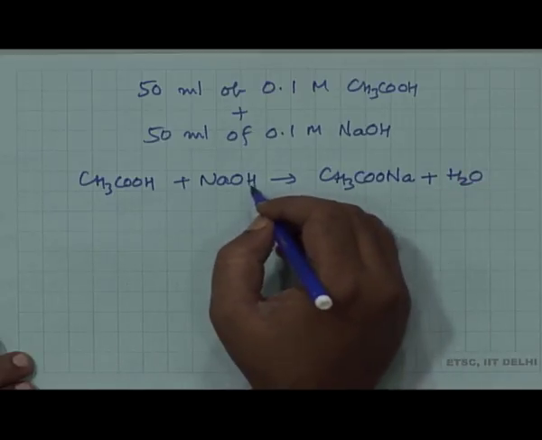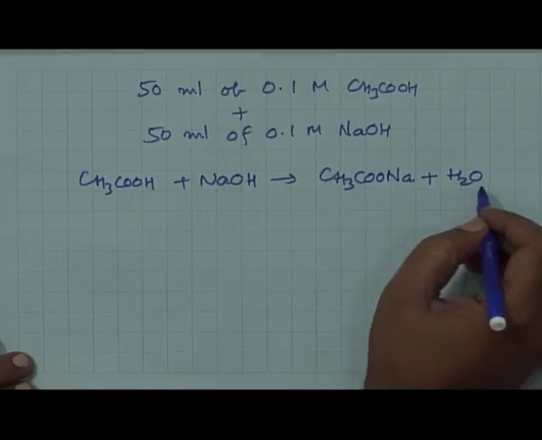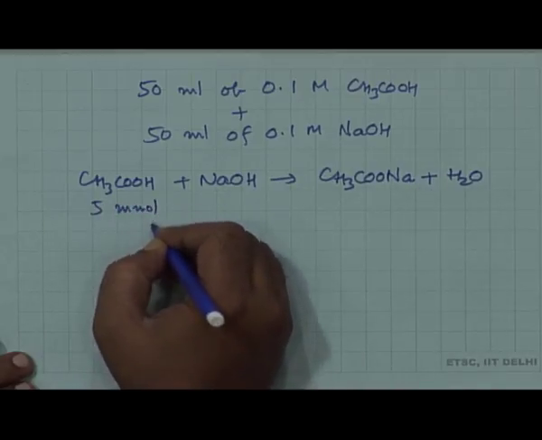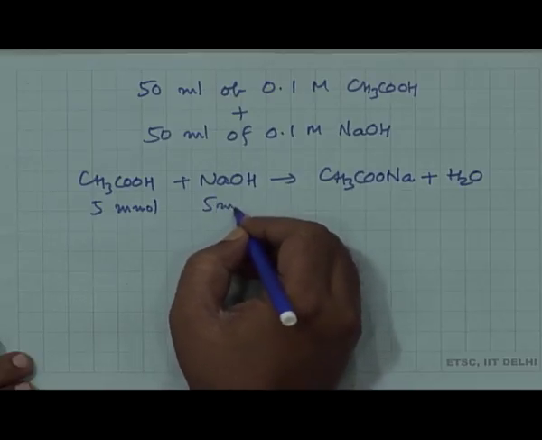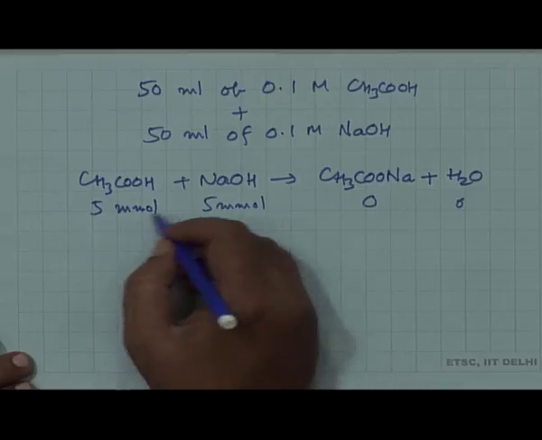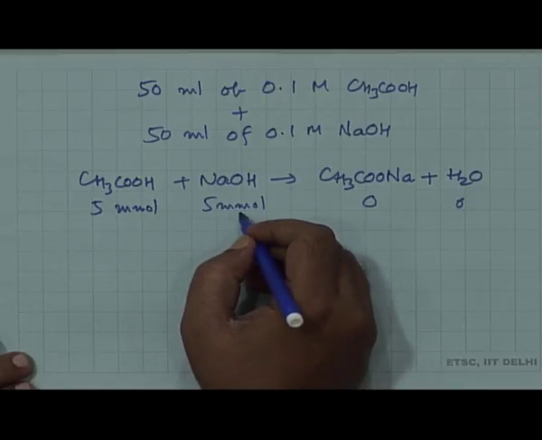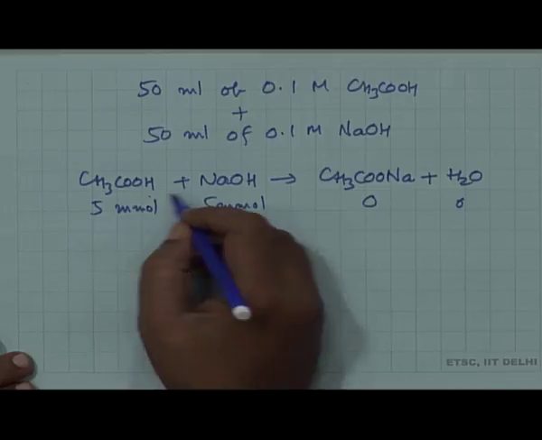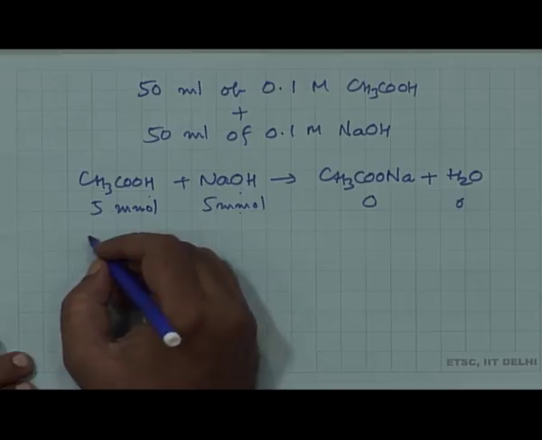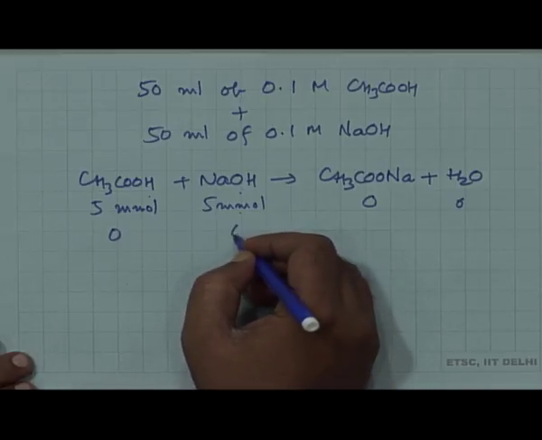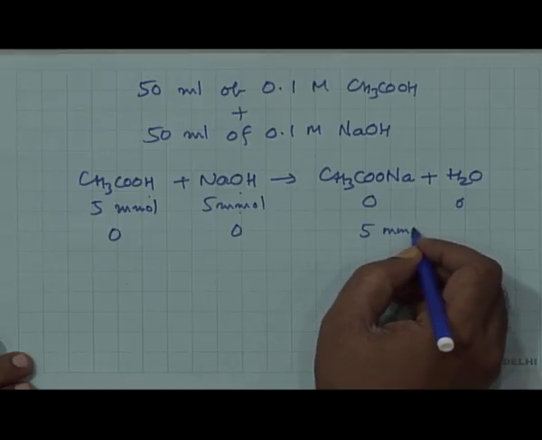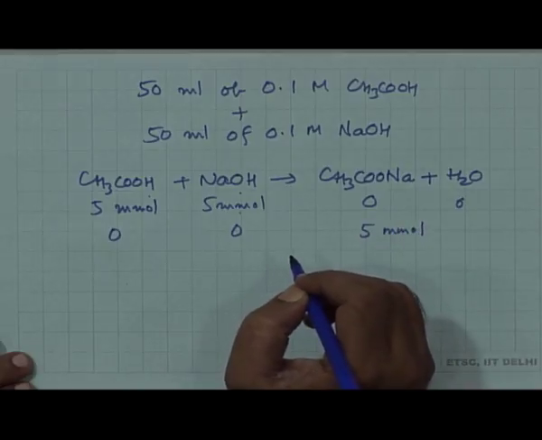This is a simple acid base reaction, acid plus base gives you salt plus water. You started with 5 millimole of acetic acid, 5 millimole of NaOH and 0, 0. When the reaction happens, all acetic acid and NaOH will go to sodium salt. So what is left is 0 mole of each, and 5 millimole of sodium acetate.